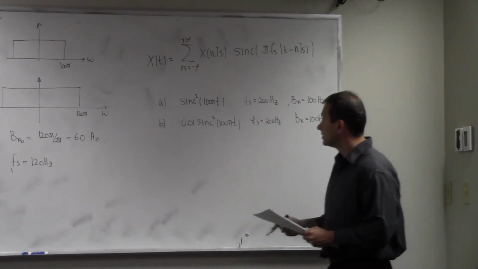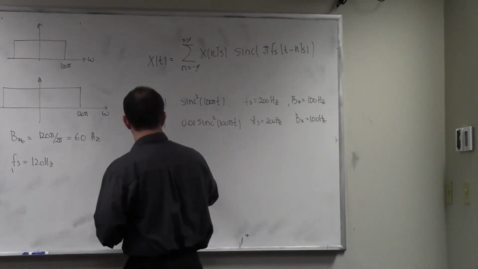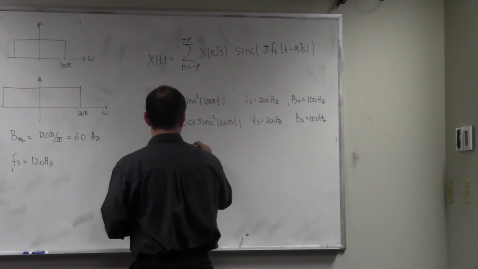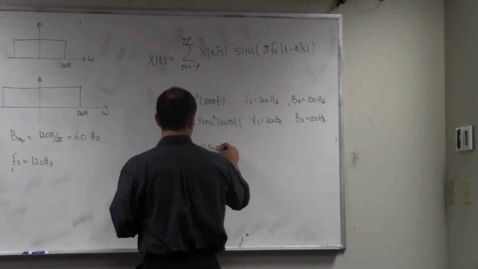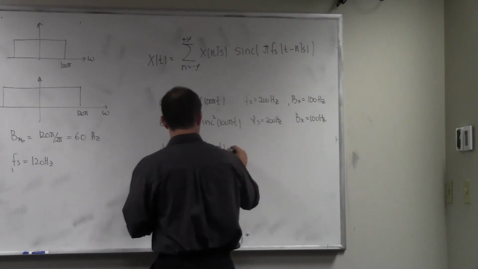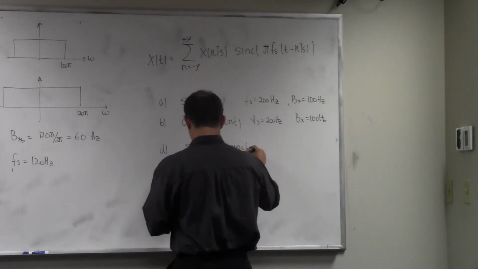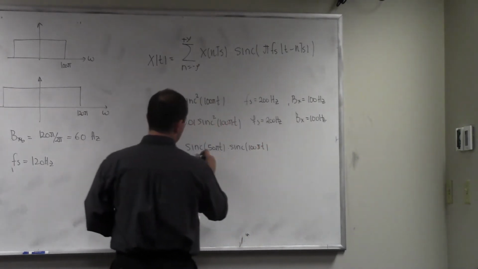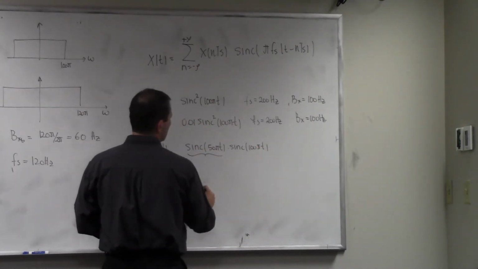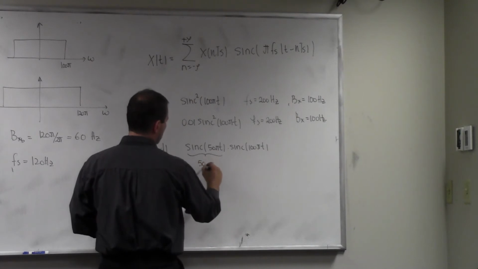And the last one is interesting. So part D, you have sinc of 50 pi t times sinc of 100 pi t. So the bandwidth of this one is 50 pi divided by 2 pi.